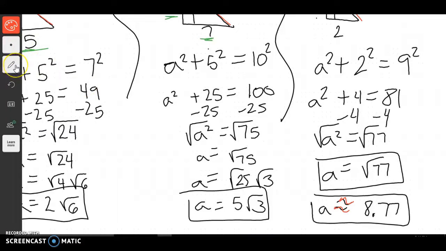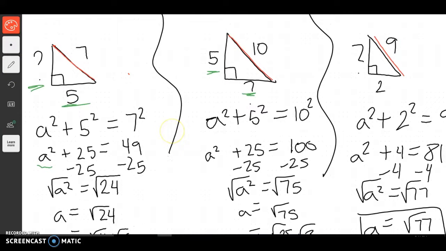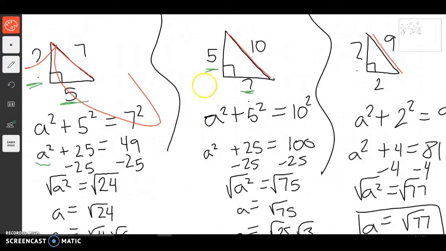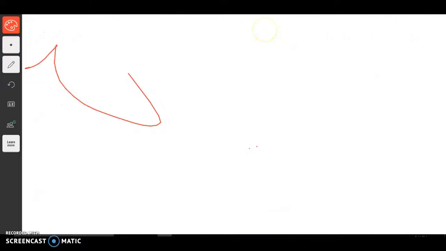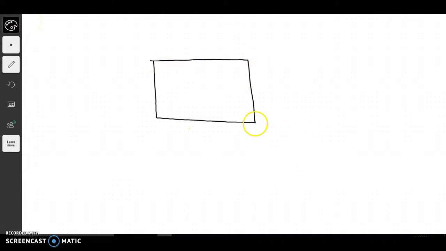Any type of word problem you get in this section, you want to really make sure that you draw out the triangles and you kind of see what they would look like. A lot of times even squares can have this property, so let's see a square that might have this property. A square that might have this property would look like any old rectangle that you draw.